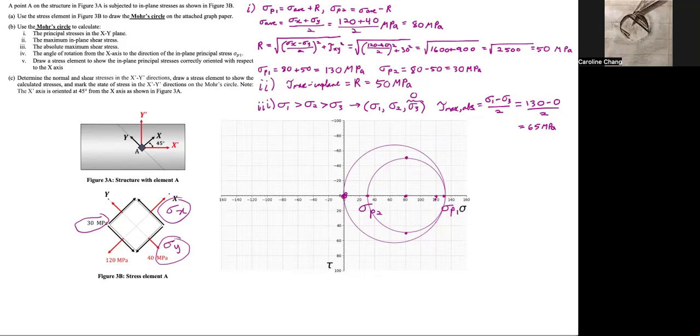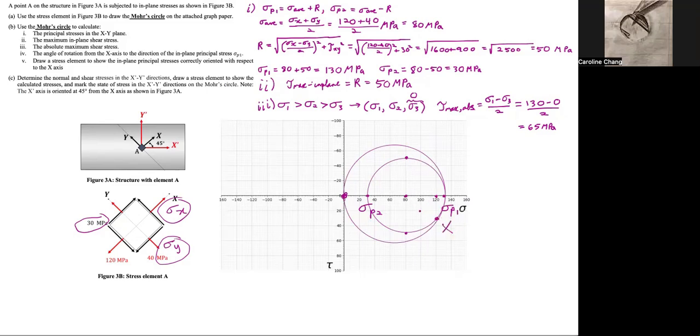Thus we will drop down by 30. So 30 is about right around here. So we will do it at this location of the Mohr circle. It will be the x value.